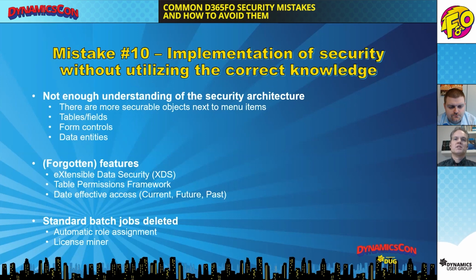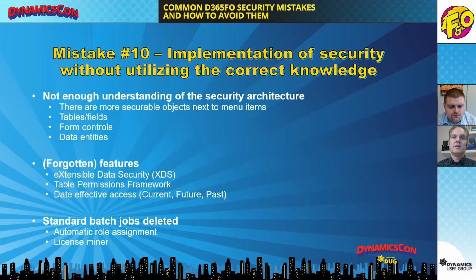Also what we see is that some really nice and rich features in the application are forgotten or probably ignored. One of the examples is the extensible data security framework. With the extensible data security framework, you can manage access to individual records, and that's not only being able to read the data, but also more granularity on when which user is able to make changes to certain data.